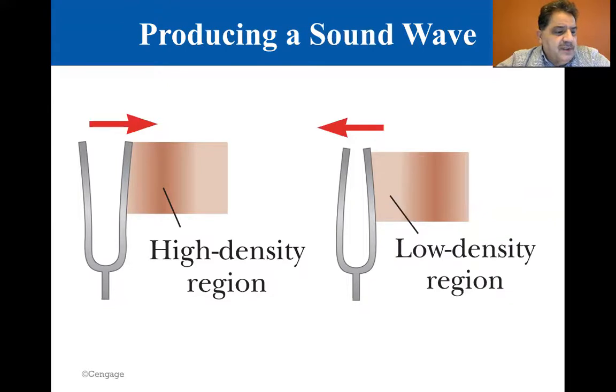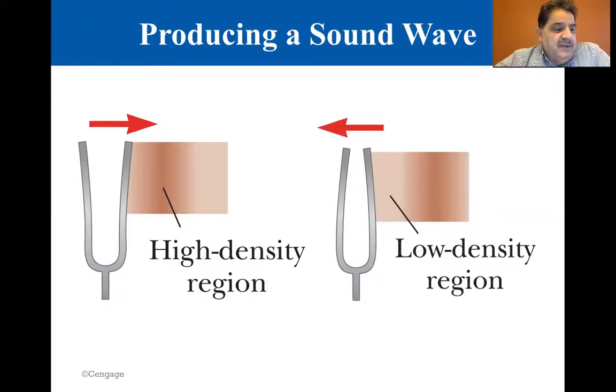When a tine swings to the right, as in the figure on the left, the air molecules in front of the tine are forced closer together than normal. This is a region of high molecular density and high air pressure, called a compression. This compression moves away from the fork like a ripple on a pond.